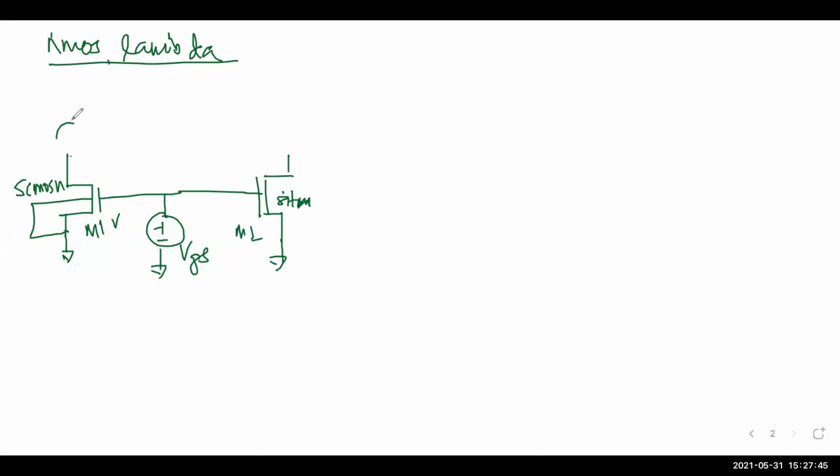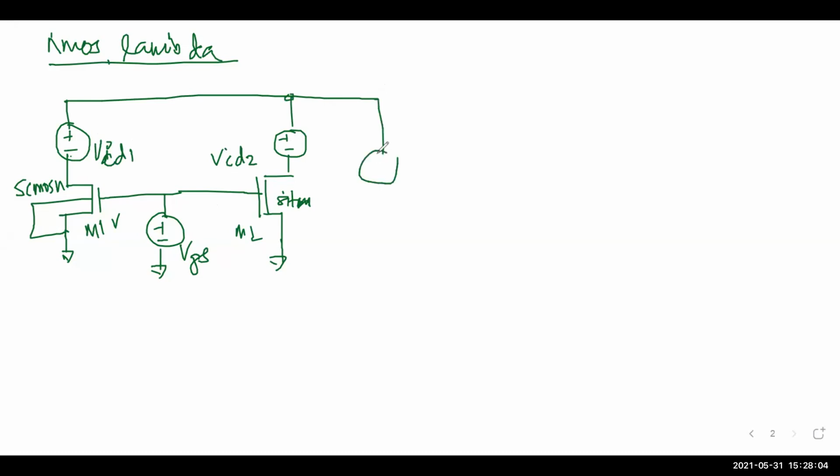We'll put a voltage source here and call it VID1, and another one here called VID2, to measure the respective currents. Just like before, we'll have VDS, which will vary both of them. Here we'll keep VGS constant and vary the VDS.